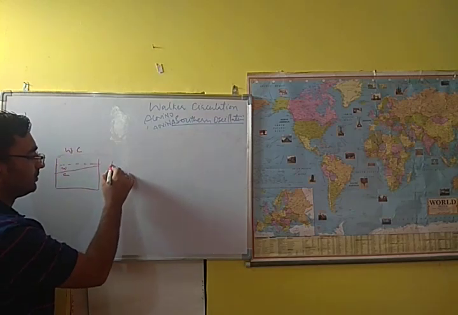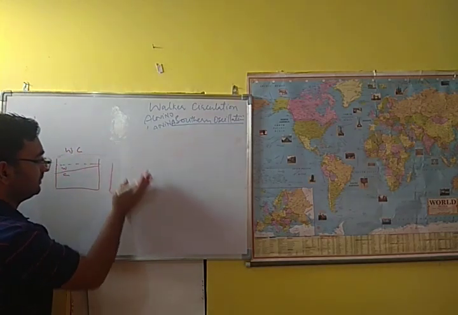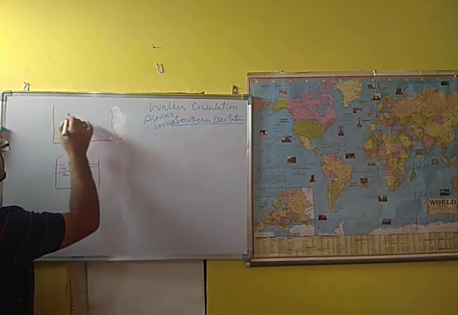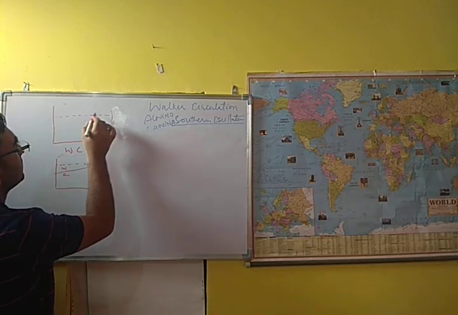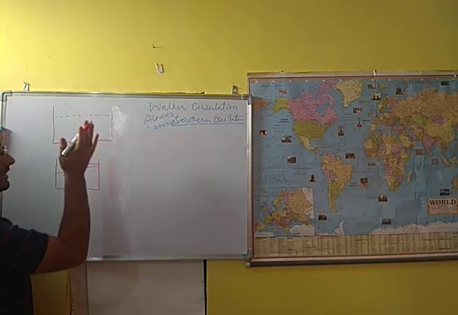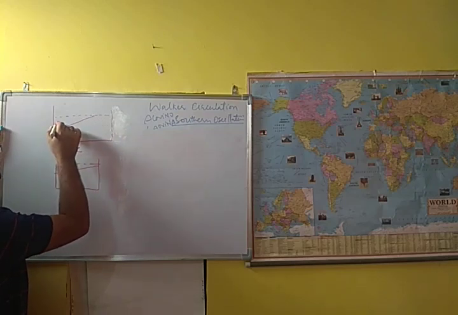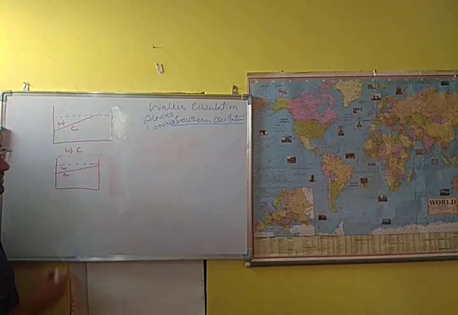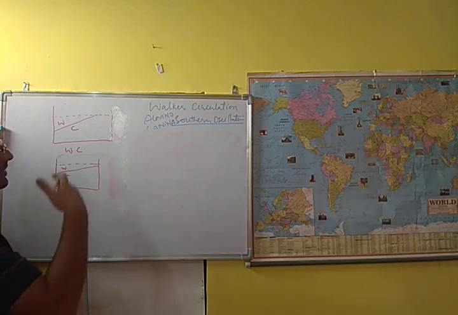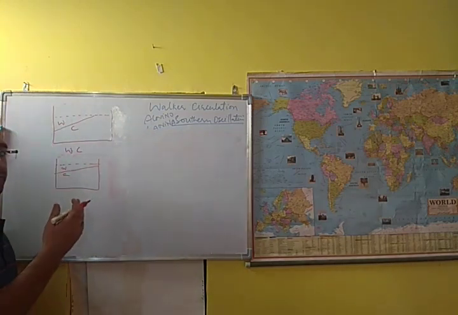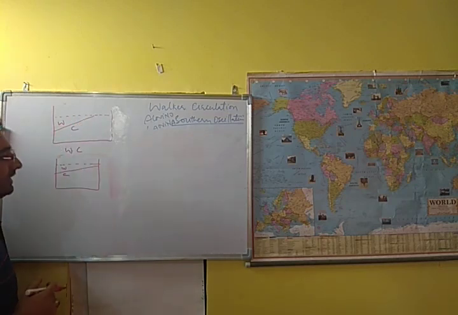But what will happen during this La Nina is that the interface will shift towards like this. This is the warm, this is the cold, because it will become severe. Much water will be pushed towards the western Pacific, and we will get the interface like this.